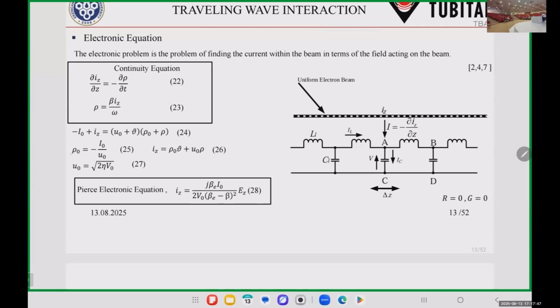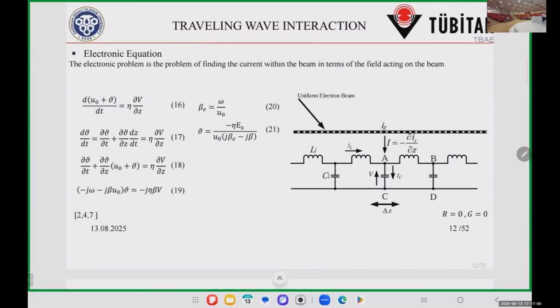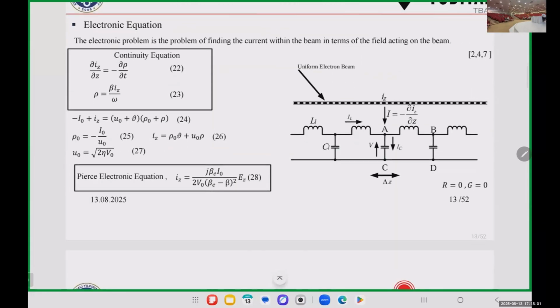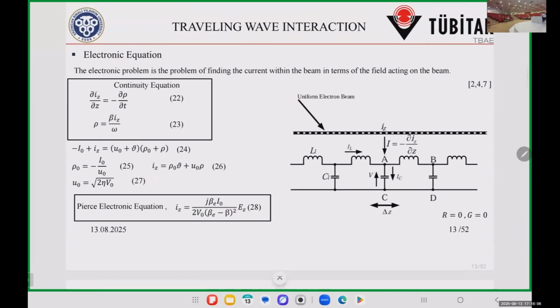We use equation 25, equation 27, and equation 21 in equation 26, and we use the small signal condition assumption. So we can obtain the Pierce electronic equation here. Iz can be written in terms of Ez here.